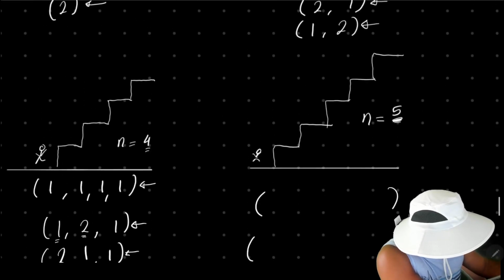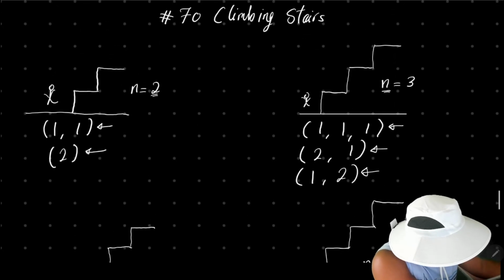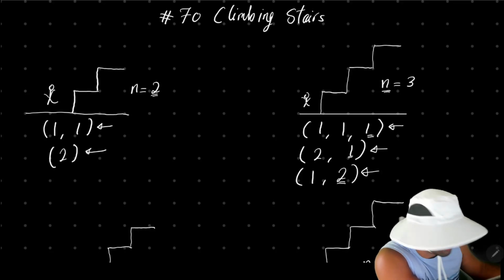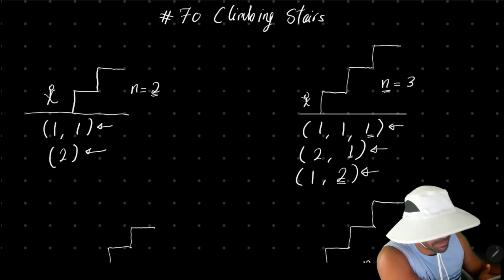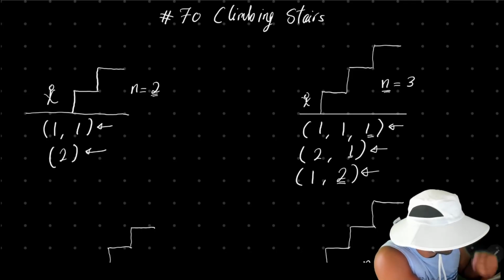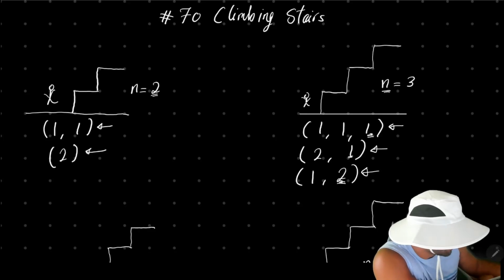If you look at each one of these paths, every single path has to end with 1 or 2, right? Because you can only jump with a step size of 1 or a step size of 2. So each parentheses represents a single path, and will end with a value of 1 or a value of 2, which represents the step size.